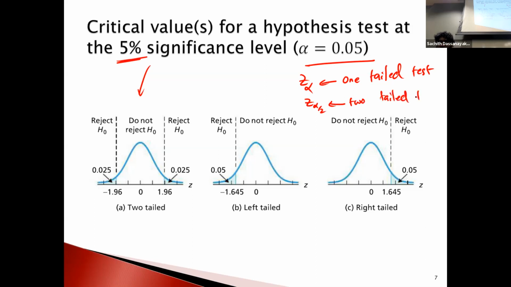If it is a left tail test, C alpha is definitely a negative value. If it is a two tail test, one of the C alpha over 2 values is negative. The values are the same, but the signs are different. Here C alpha over 2 is 1.96. If it is negative, it is negative. If it is positive, it is positive.